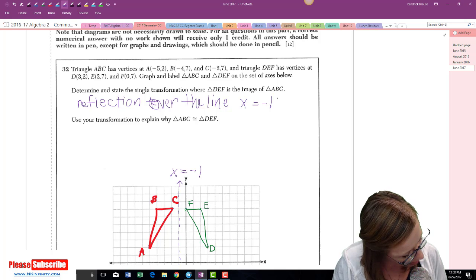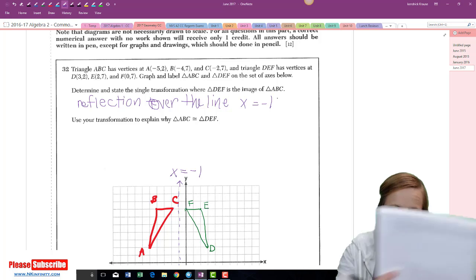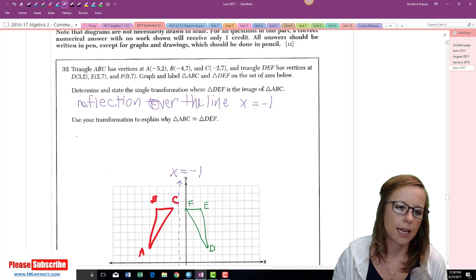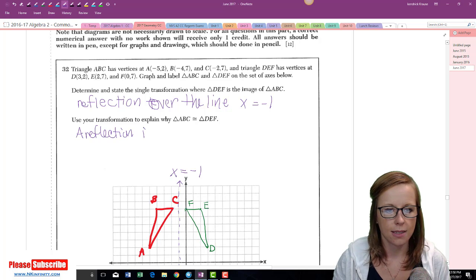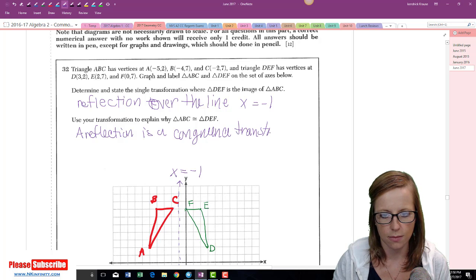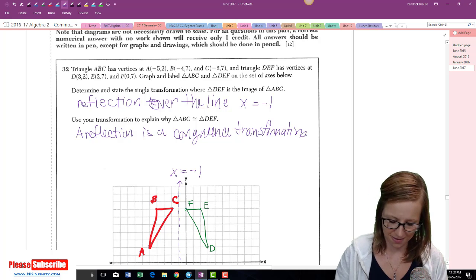A reflection in a line is a rigid motion which preserves distance and angle measure. So either way, a reflection is a congruence transformation. That's enough. Okay.